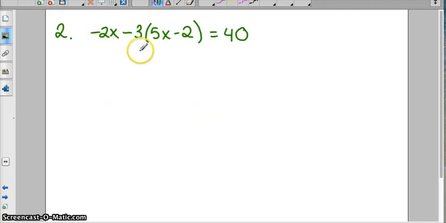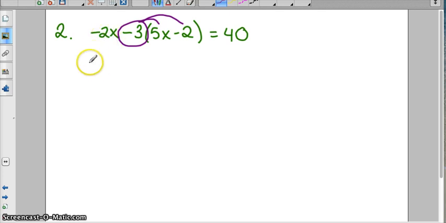Example 2. So again, we're going to start with distributing this time. If you notice here, it's negative 2x minus 3. Because that minus sign, or in other words that negative sign, is with the 3, we're going to actually distribute negative 3, not just positive 3.